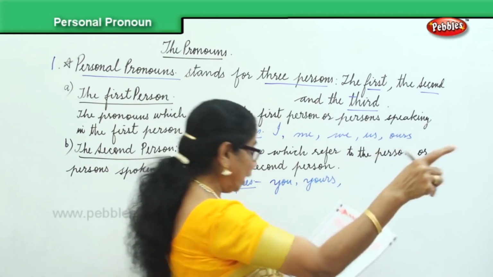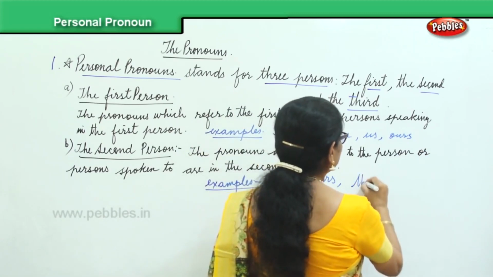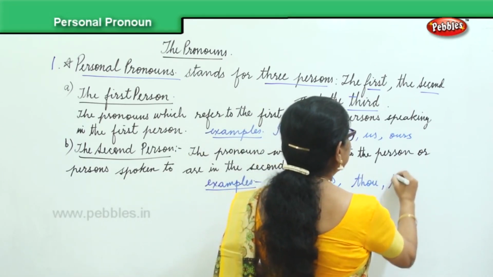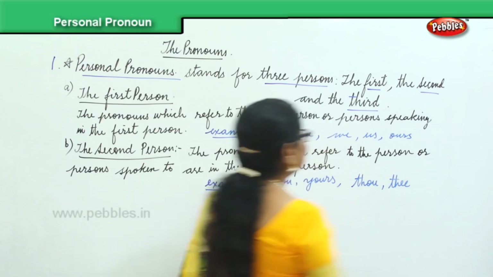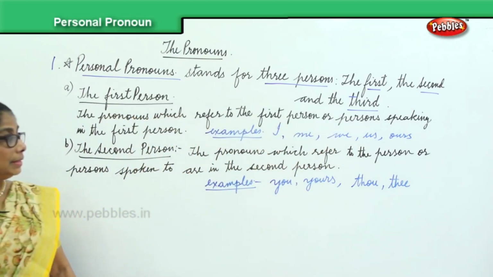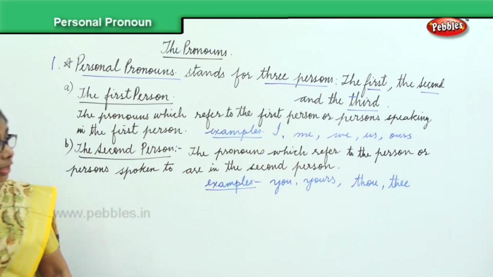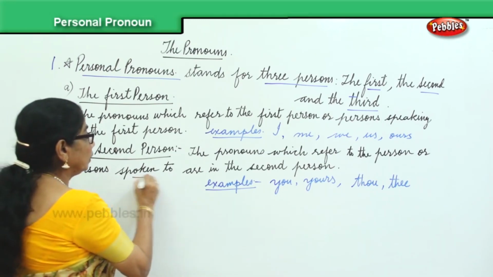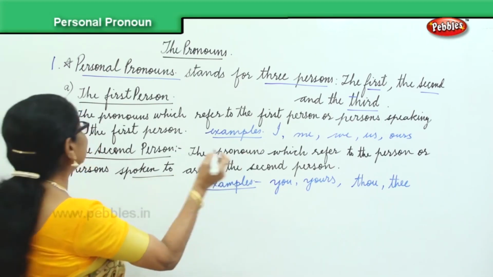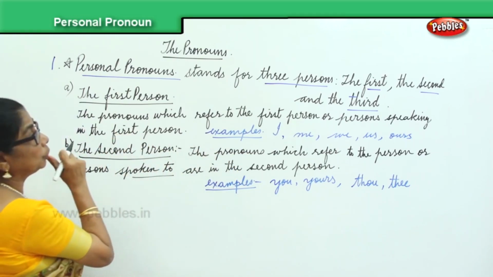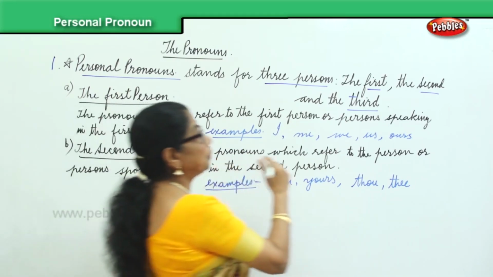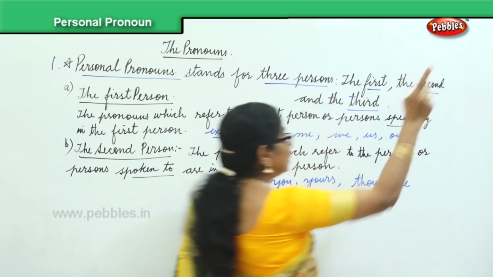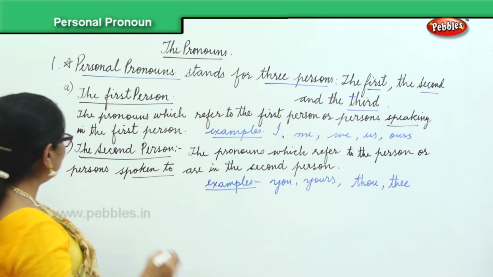Then you have thou, thee, etc. So, the pronouns which refer to the person or persons spoken to. In the first person, it is person or persons speaking, and the second is spoken to.